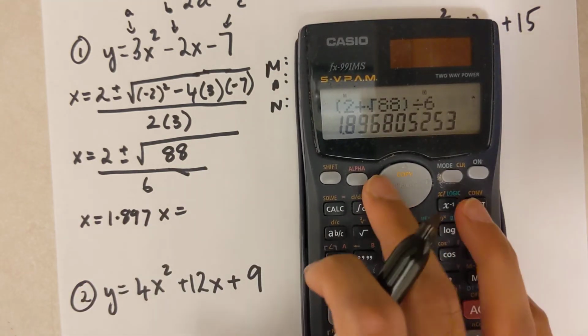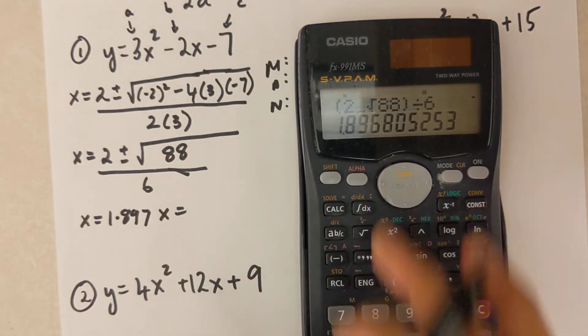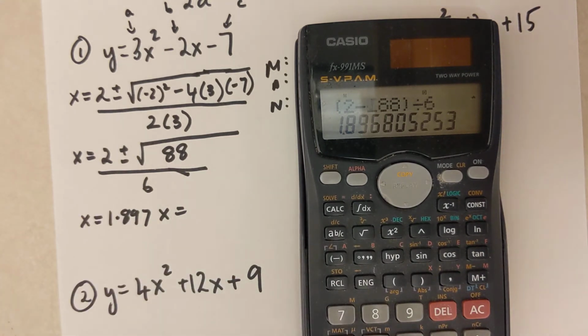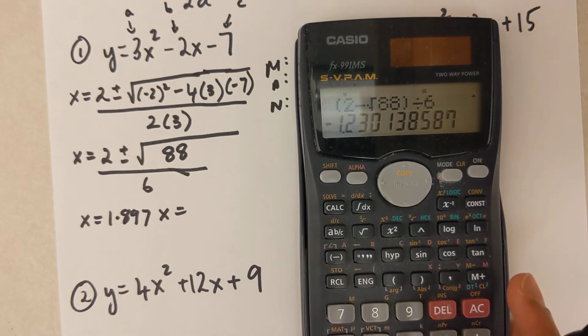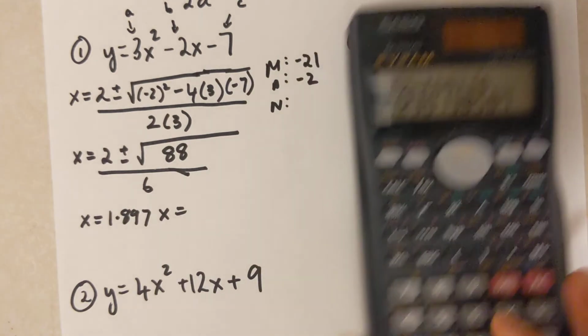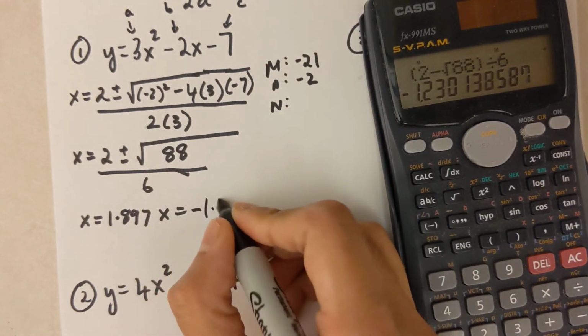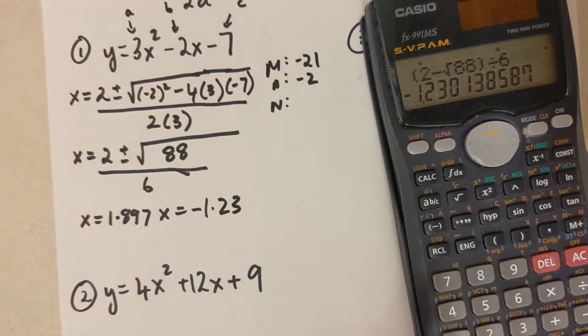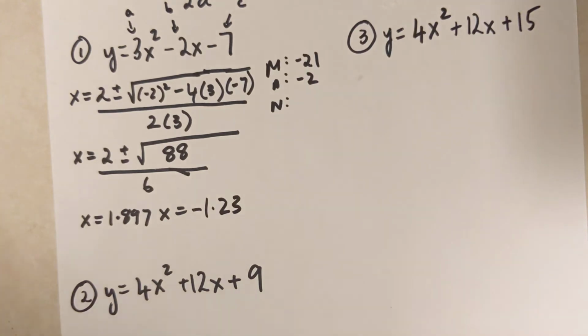Now I'm just going to switch this plus sign to a minus sign, so that's where the plus or minus comes in, and I'm going to hit equals and I get negative 1.230. So negative 1.23. So these are my two x-intercepts for this first problem here.